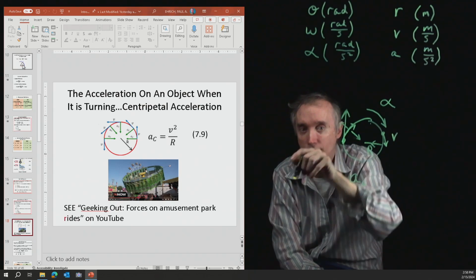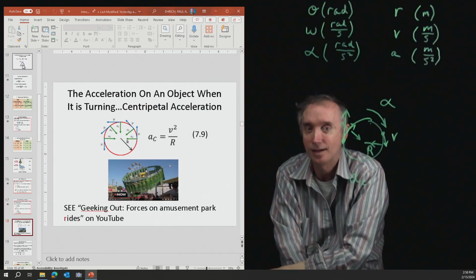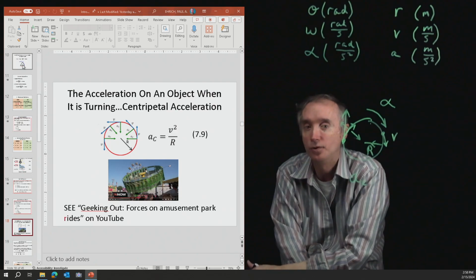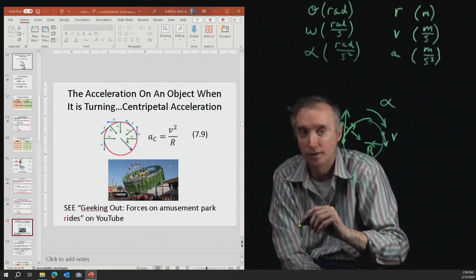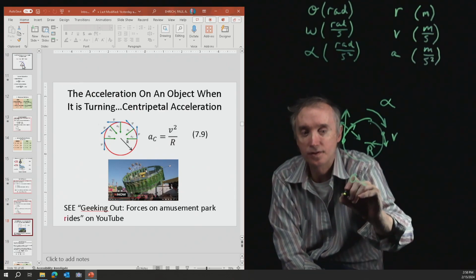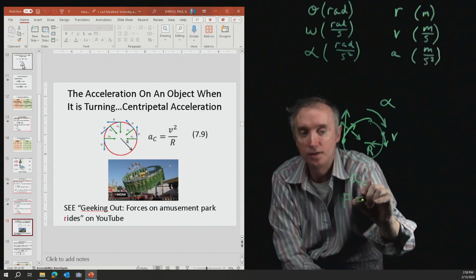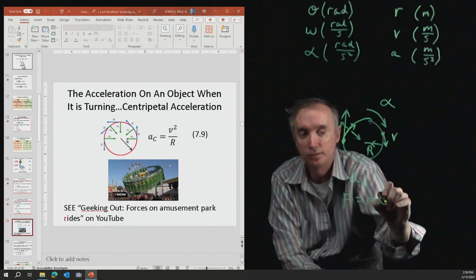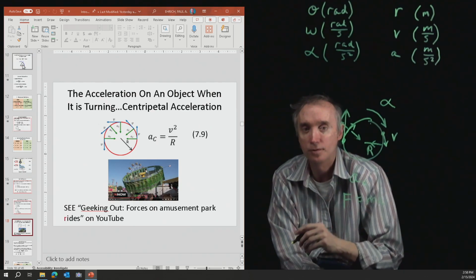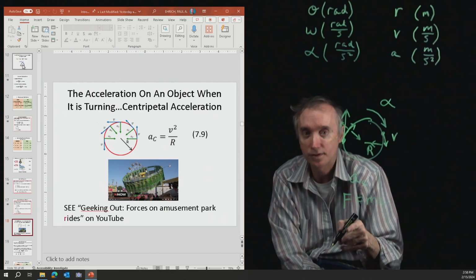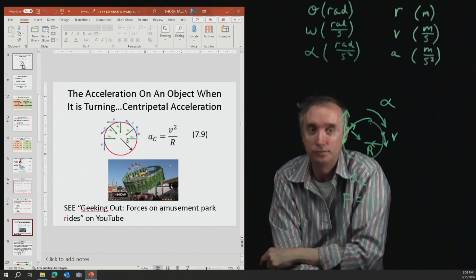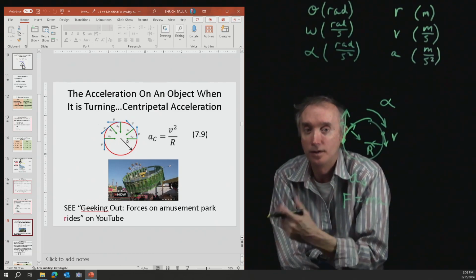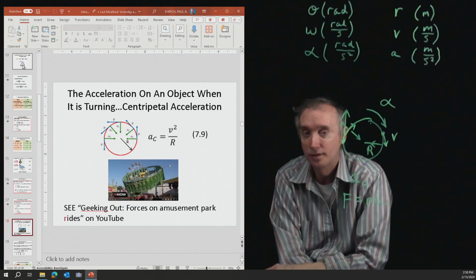Here's the formula for centripetal acceleration, and if you wanted to calculate the centripetal force, we use Newton's second law. Newton's second law says that force is equal to ma.